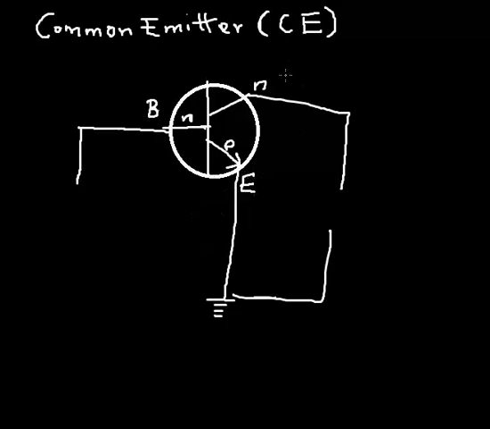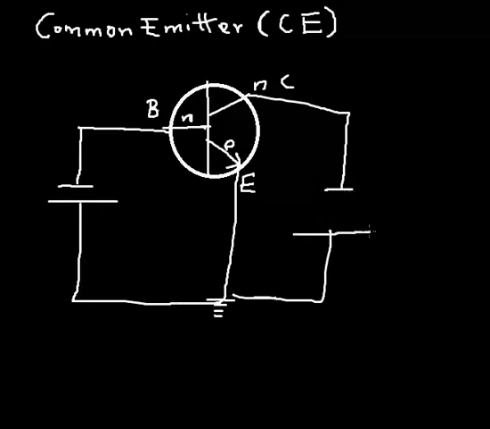The base and emitter, you know very well, are always forward biased. So negative will be connected to negative, positive connected to positive. You know that already. So let me connect it in a forward bias.